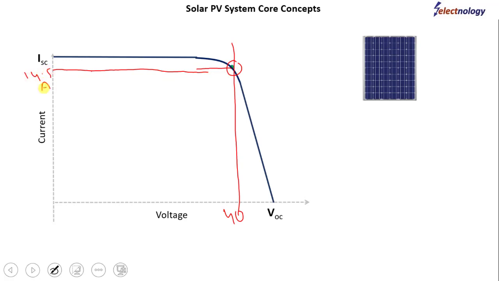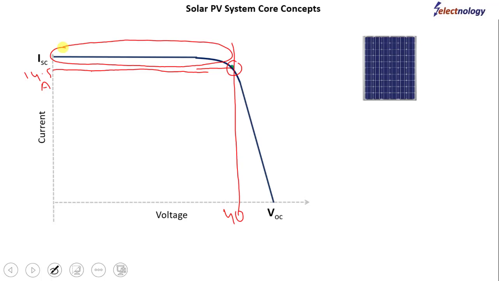Now beyond this operating point, in other words, when the voltage is 40 volts and the current being supplied is 14.5 amperes, the remaining capacity left with the PV module to supply more current is minimal. If we increase the load or try to increase the current towards the load, the current will not increase. And this is given by this portion of the graph.